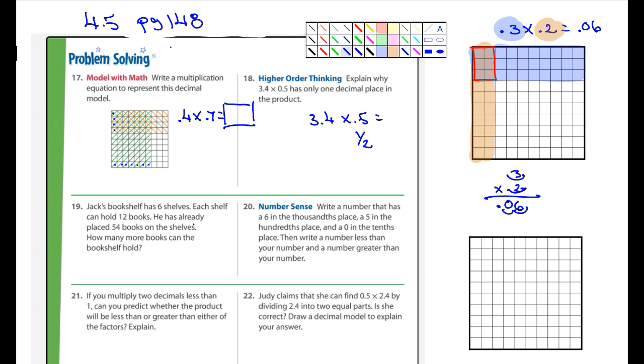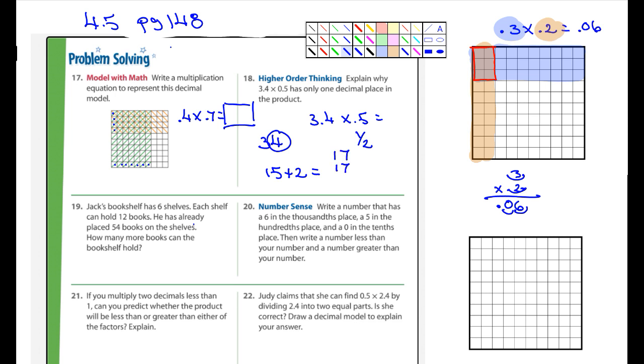Well, let me ask you another question here. If that seems hard, what's half of 34? What's half of 30? Half of 30 is 15. So that's 30. What's left over? 4. What's half of 4? 2. What's 15 plus 2? 17. And does that work?